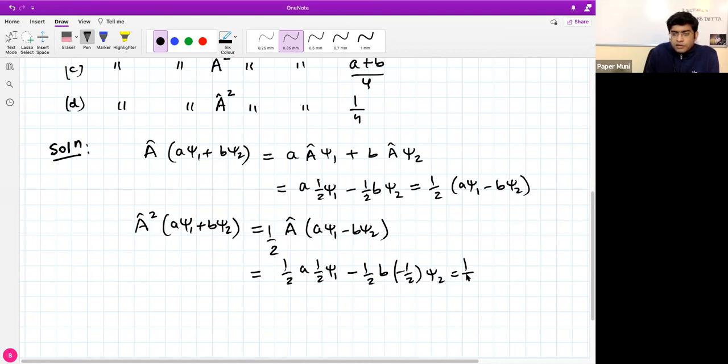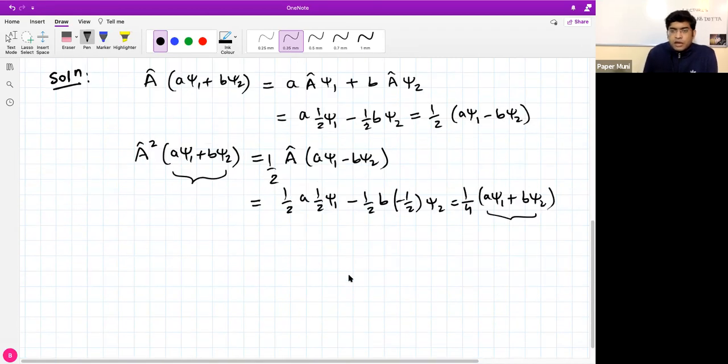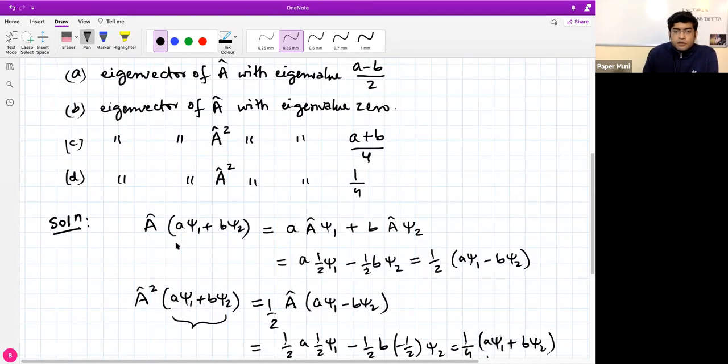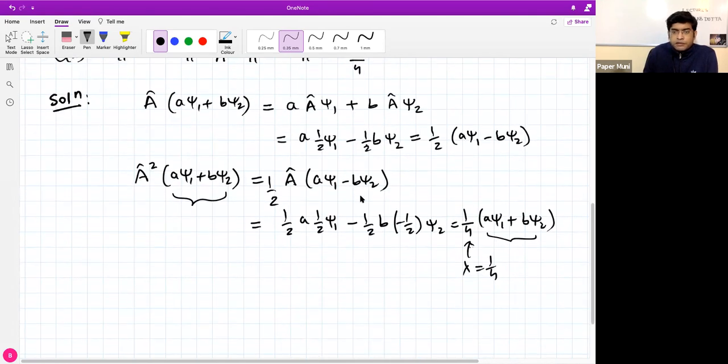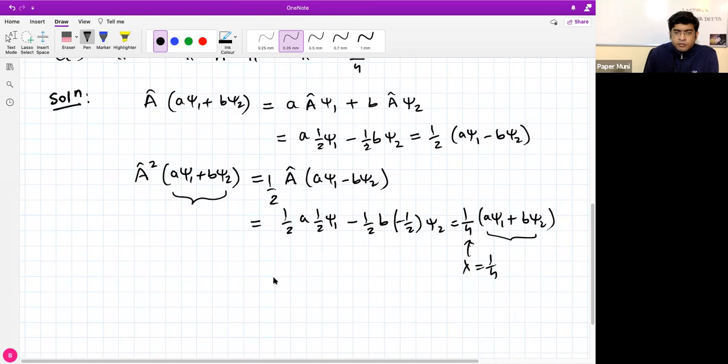When you rearrange this, you get A psi1 plus B psi2. You're getting back the function again. So this is an eigenvalue equation, where lambda is 1 by 4. So the correct option is that it's an eigenvector of A square with an eigenvalue 1 by 4. The correct option is D.